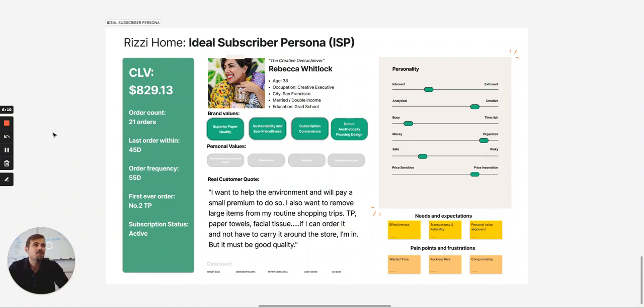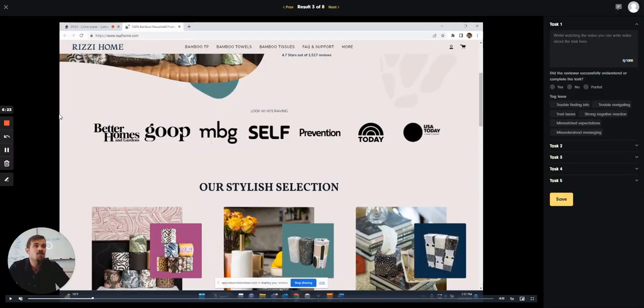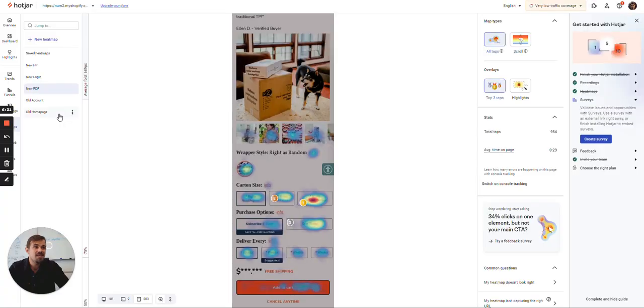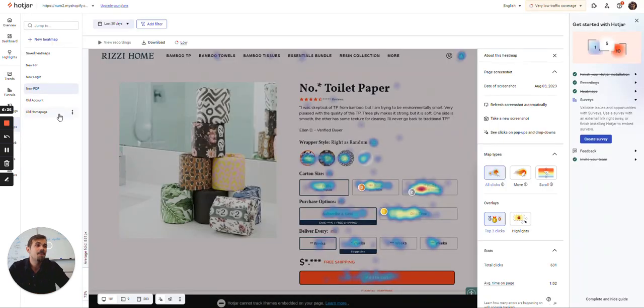So that's one piece. Another way is, how do you see if your website is a little clunky or maybe is not delivering those values or those messages very clearly? You can use things like user testing again to uncover bottlenecks or blockers in that purchasing path and that purchasing messaging, as well as heat maps to see what people are clicking, what people are not clicking on, to understand where the frustrations come from.